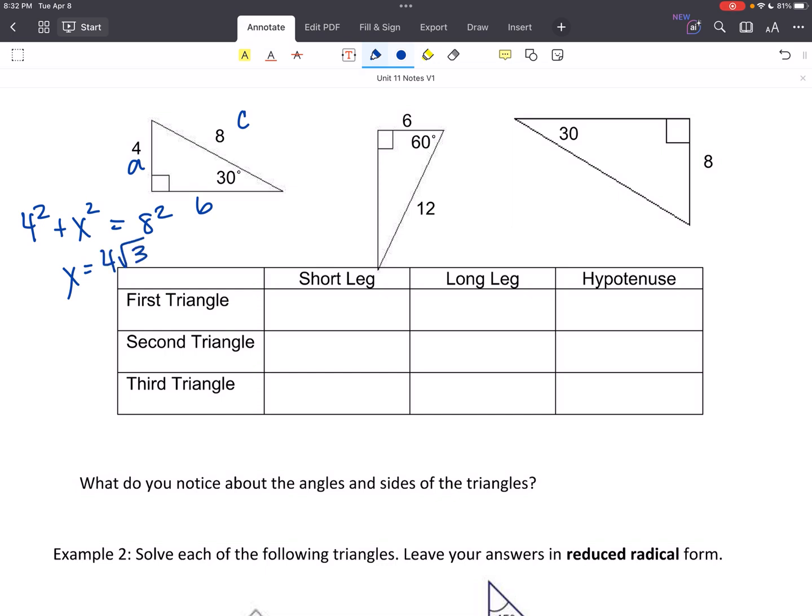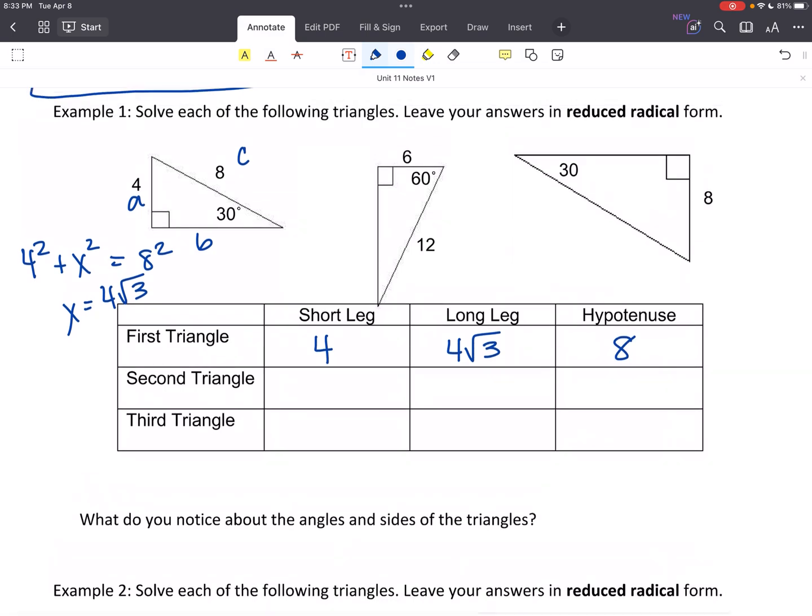So what you're going to do is fill this out. So the short leg on this is 4. The long leg is 4 square roots of 3. And then we have our hypotenuse, which is already filled out at 8. On the second triangle, the short leg is 6 and the long leg is 12.